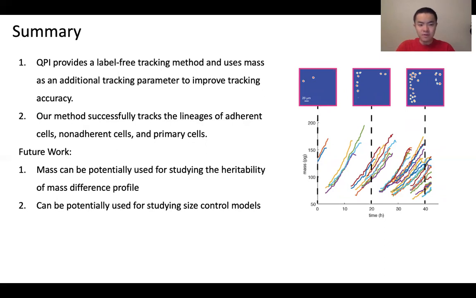For future work, we are interested in studying the heritability of the cell mass difference on both sides of the lineage tree, and whether there are any mechanisms to correct the cell size over the generations.